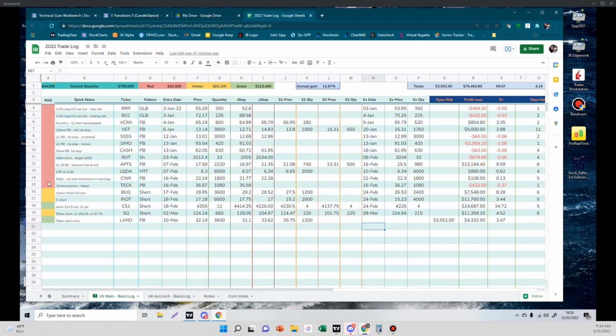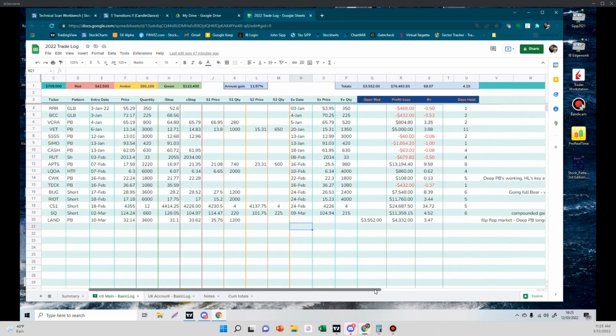So it stayed red all the way up until February the 16th, because when I get 3 wins in a row, then I'll move to amber. So I had 3 there. That one was taken in between times, and then I switched to amber, and it just so happened that coincided with the shorts. I got 3 shorts, they all paid out. So then I went green, which is full position size.